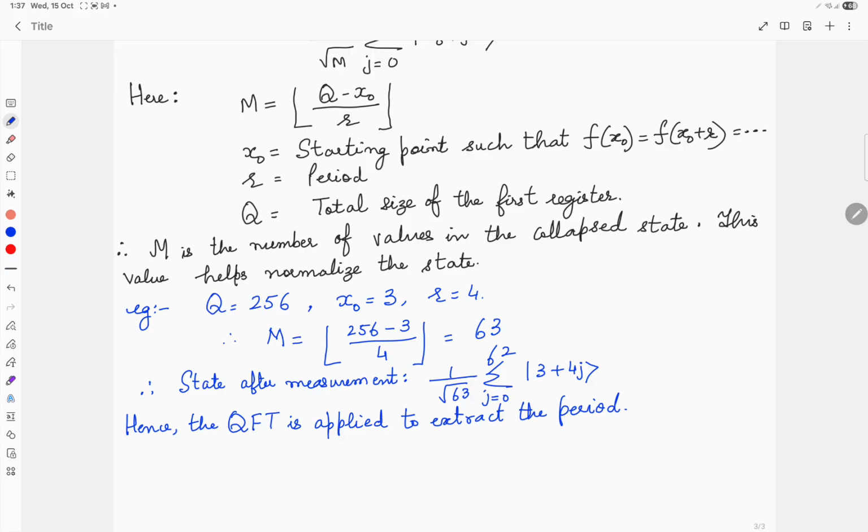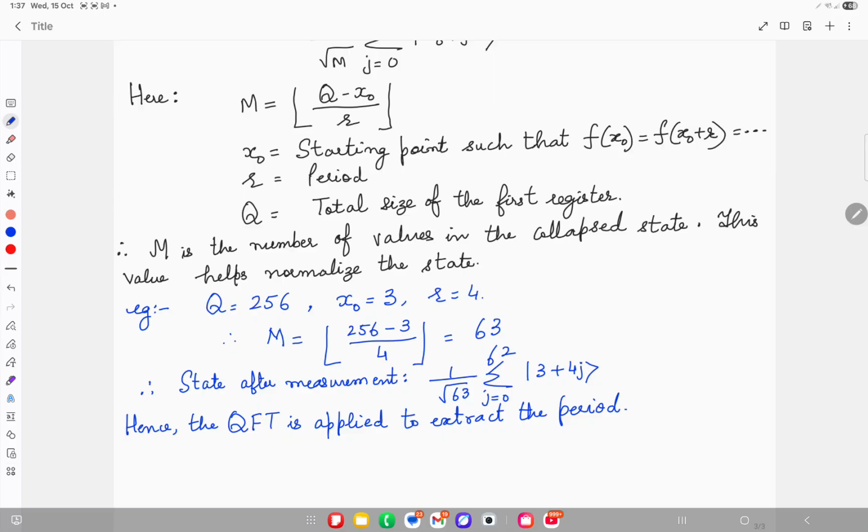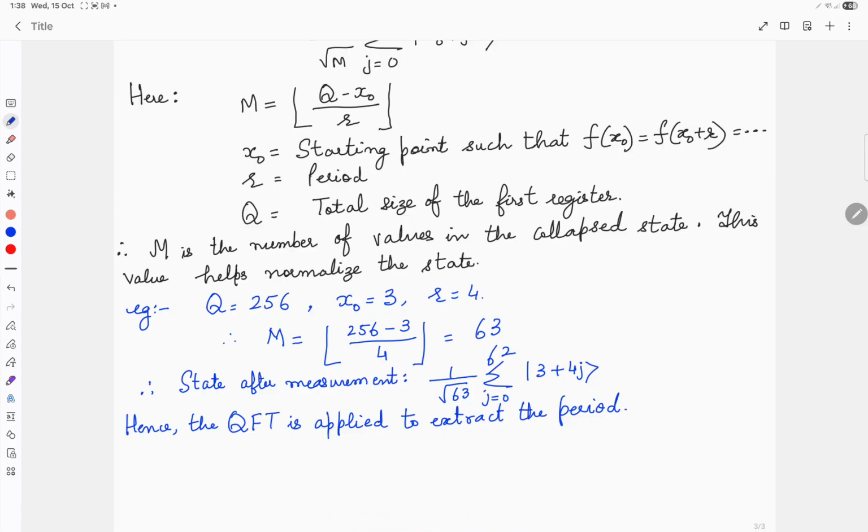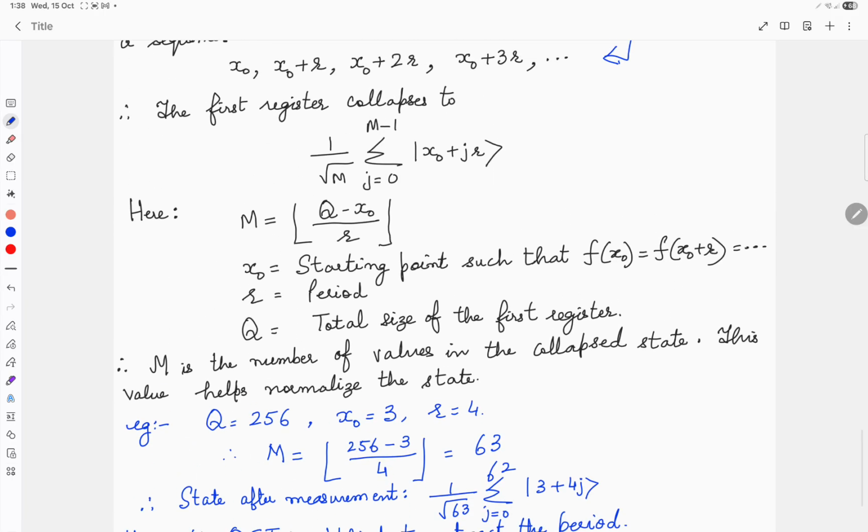Once you have reached the value r, you can measure it classically. So the QFT is applied to bring the spacings in x into peaks in frequency. That is the point to be understood. That's the job of the quantum Fourier transform.